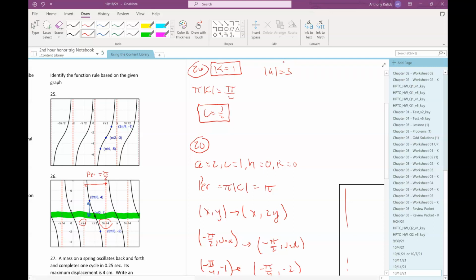All right. And the last thing we'll do is find our h and settle on our sign for a. So from the parent function, I'm going to use the point 0, 0, which is a midline point where the left end is pointing down and the right end is pointing up. For my transform function, I also have to pick a midline point. The one that I'm going to choose is this pi over 2, 1.